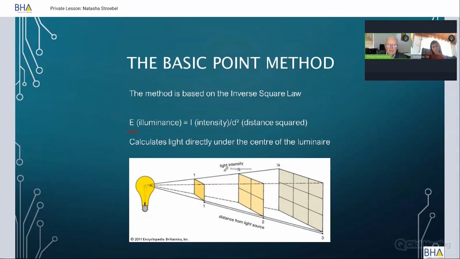In other words, it's 1/4 of the strength that it had at 1 meter. And if we go to 3 meters, just 1 more meter away, it becomes 1/9 of what it was, and it lights up 9 blocks.